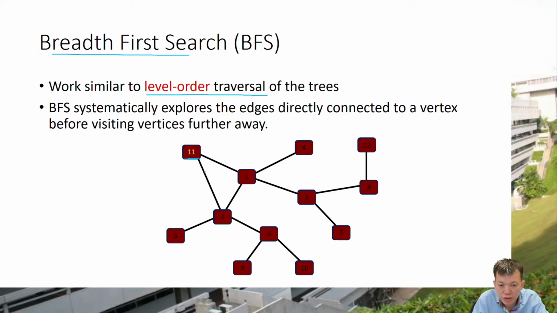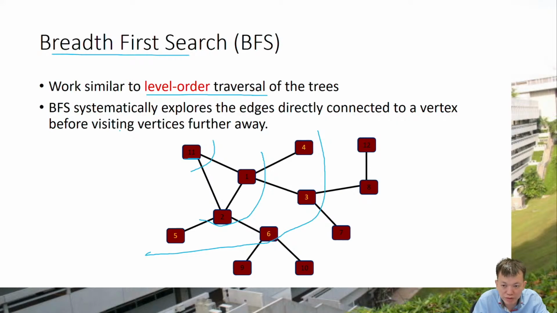I visit the next two vertices, which are 1 and 2. After that, the next level is 4, 3, 6, and 5. Then for the next level, 5 has no more neighbor, and 4 also doesn't have any next vertex.